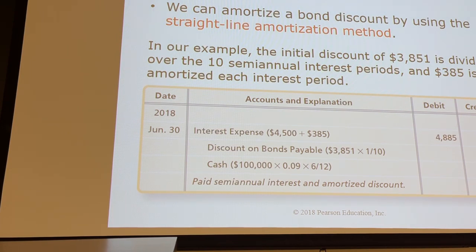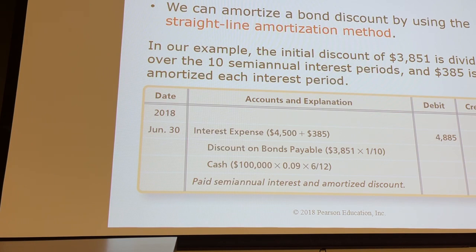Therefore, we take the entire discount that we are working with, $3,851, and we divide it by the 10 interest payment periods to get $385. And that's the amount that we'll be amortizing during this interest payment period. So we credit discount on bonds payable for the $385.